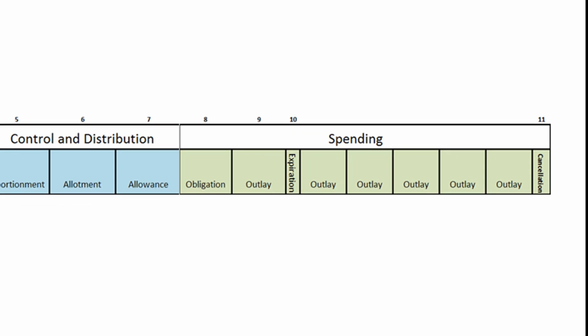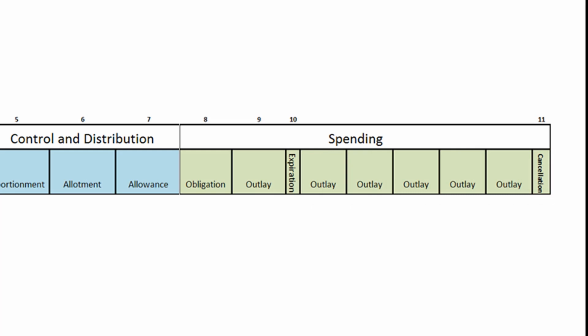The spending stage was further divided into the period of availability, during which we discussed the obligation and outlay events, and the expired phase, where we were introduced to the expiration and cancellation events.